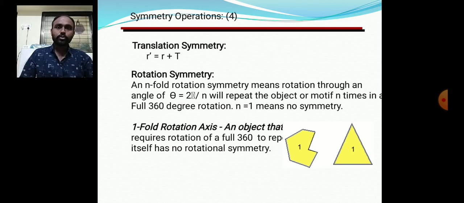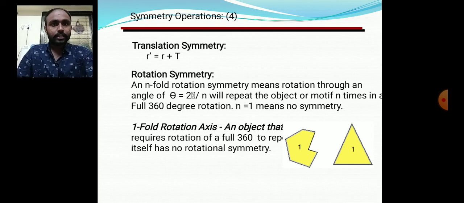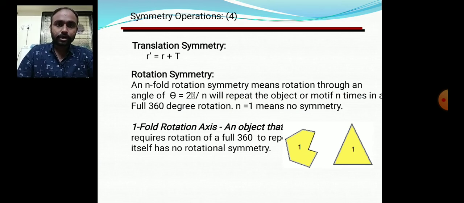In that case it is known as one-fold symmetry, because there is no symmetry, no fold, as we came to the original position. Now n means n-fold symmetry, so likewise we can find how much fold symmetry is valid for different types of crystal.